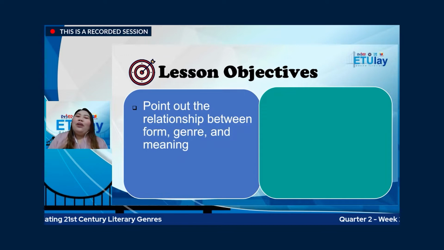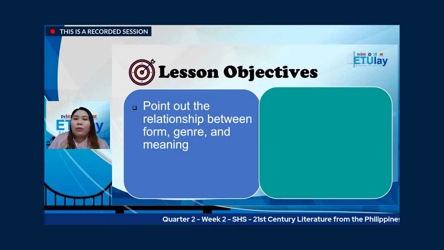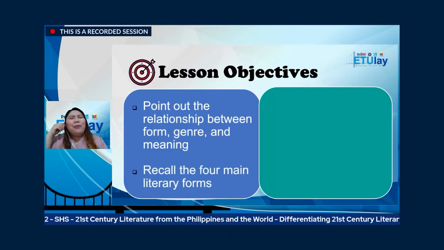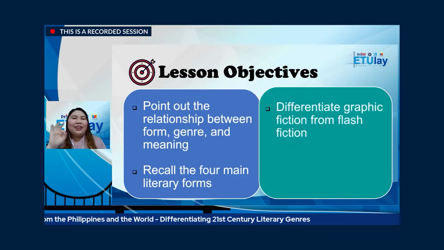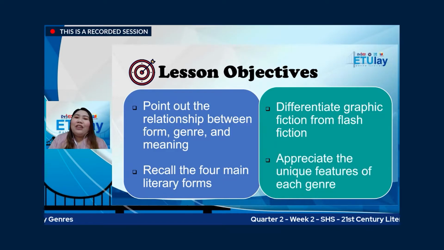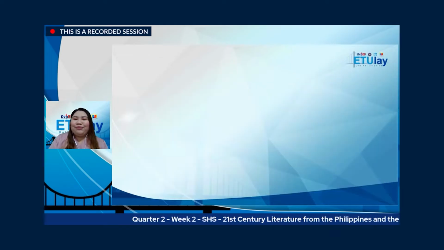First, point out the relationship among concepts such as form, genre, and meaning. Second, recall the four main literary forms. Third, differentiate graphic fiction from flash fiction. And finally, appreciate the unique features and elements of each genre.